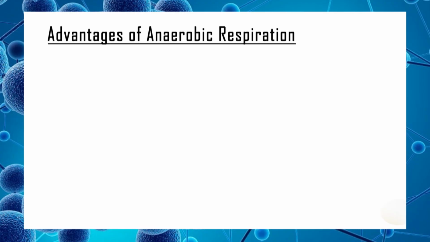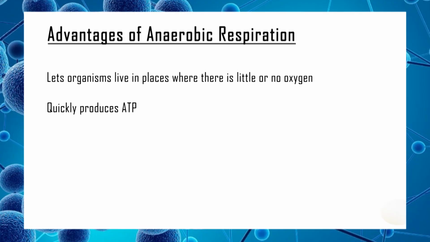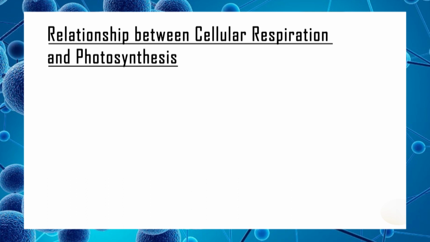The major advantage is that more energy is released, enough energy to produce up to 38 ATP. And the advantage of anaerobic respiration is that it lets organisms live in places where there is little or no oxygen, and they quickly produce ATP.